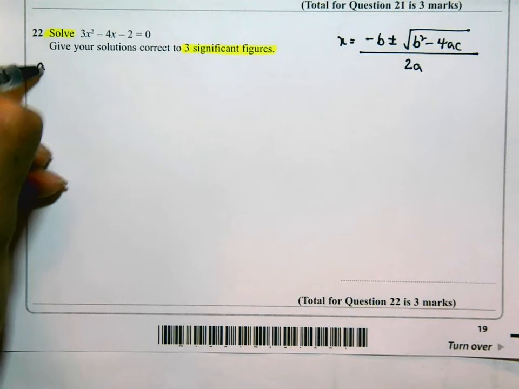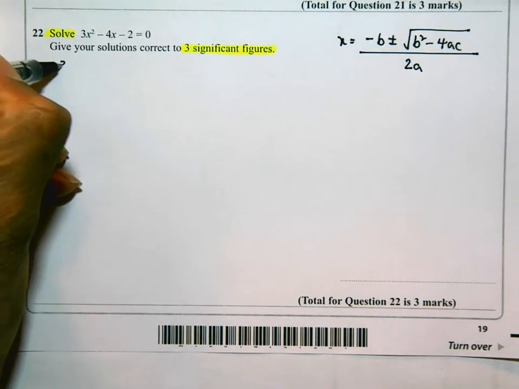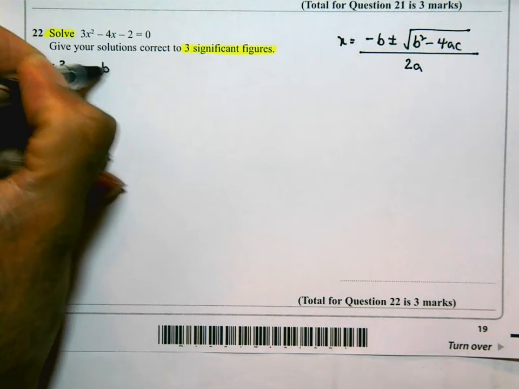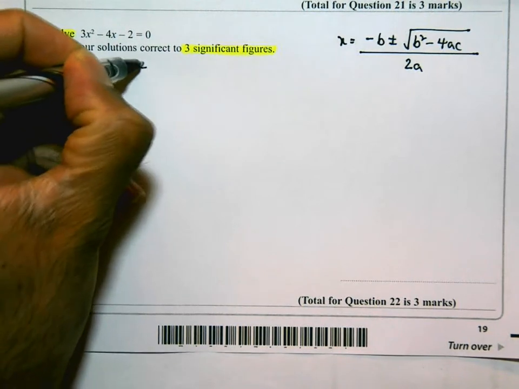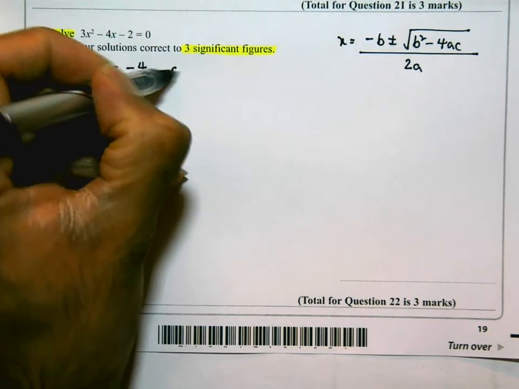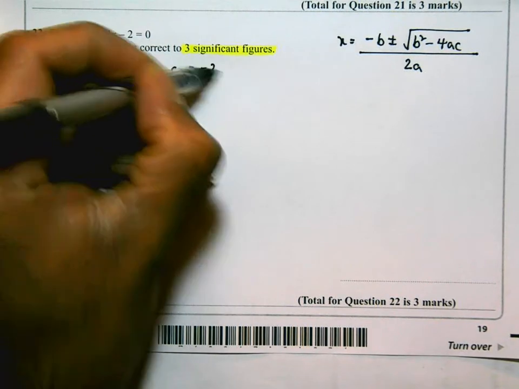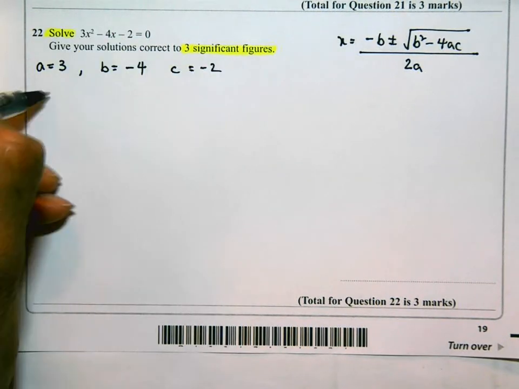A is the thing in front of x squared, which in this case is 3. B is the thing in front of x, which in this case is minus 4, and c is the number on its own, which is minus 2. And I'm going to substitute these into the equation.